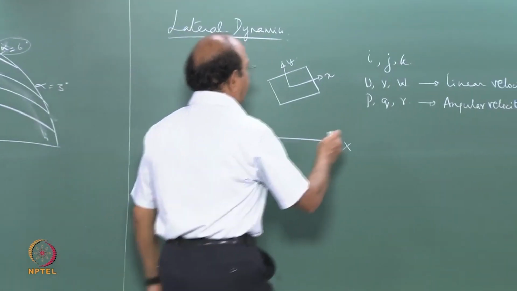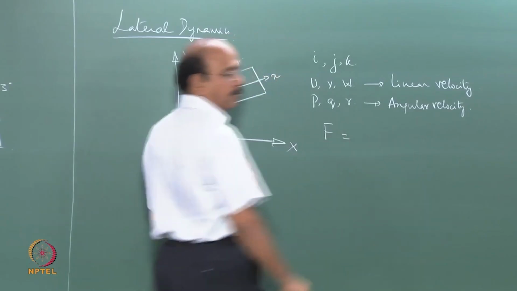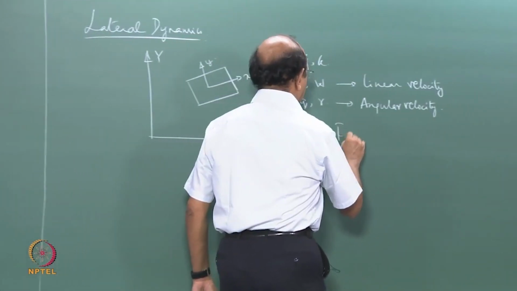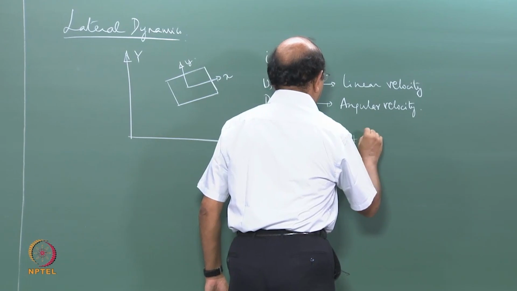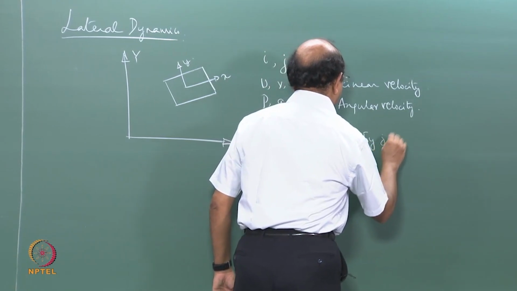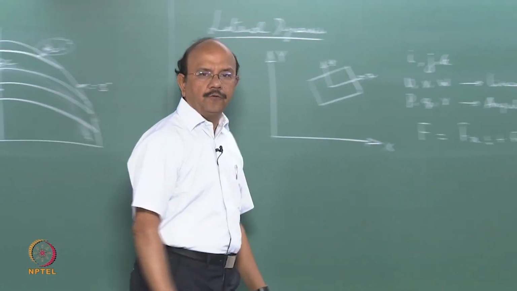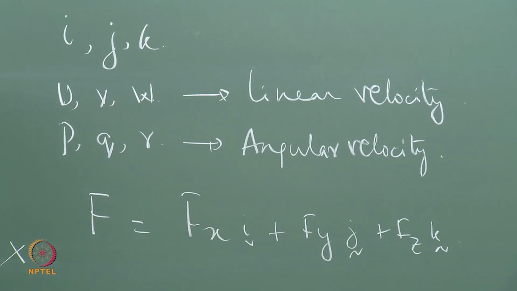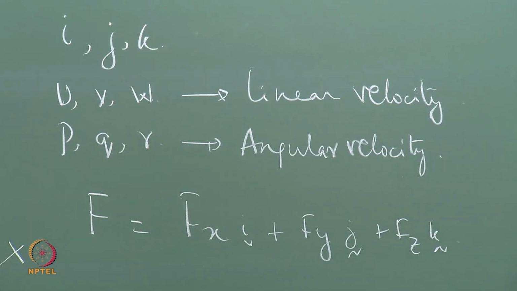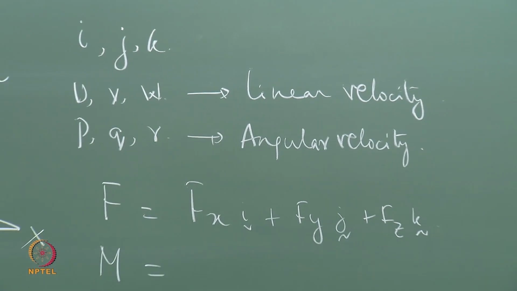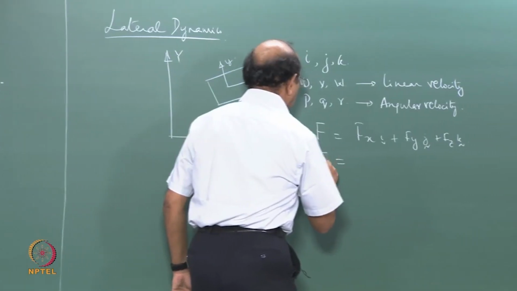Let's say that the force acting on the vehicle, let me write down the forces as Fx i plus Fy j plus Fz k. These are the three forces that are acting on the vehicle, and the moment m, or let me call that as tau.